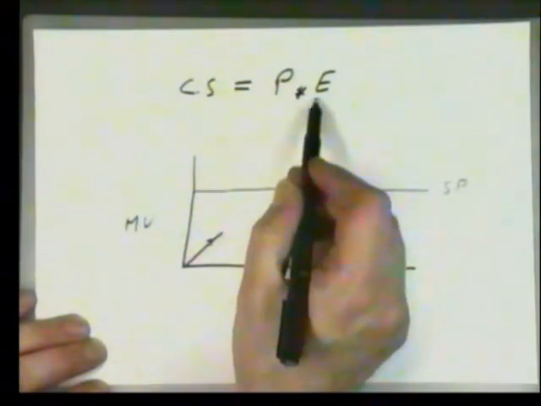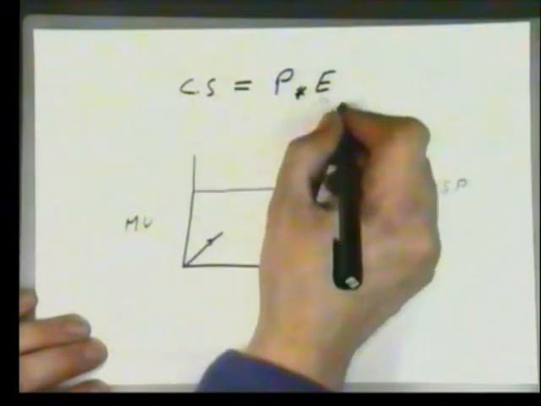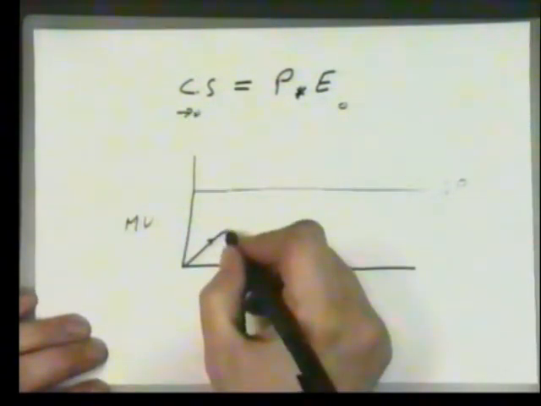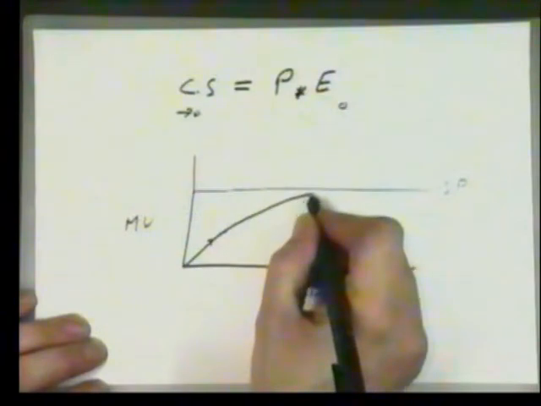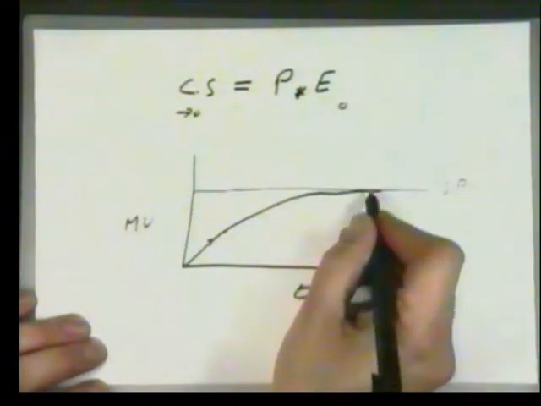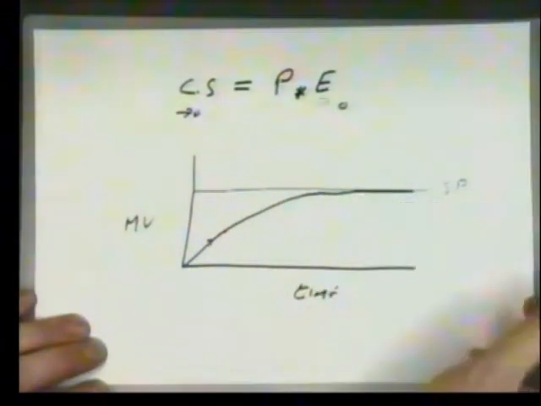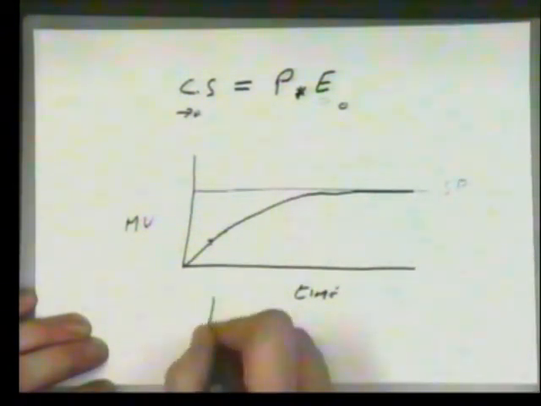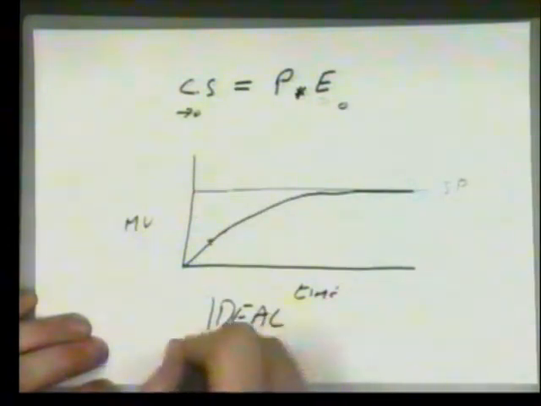But as the error drops off, as that tends to 0, so the control signal tends to 0, and what we really want to happen, we are hoping, is that we would glide in nicely, and then we will hit the set point. Nice, smooth control. That's what we want. That is the ideal response.